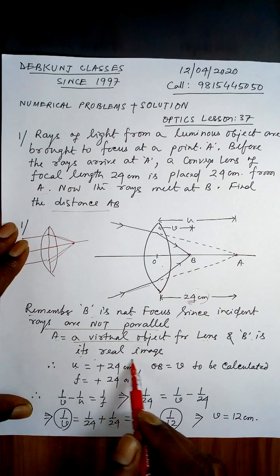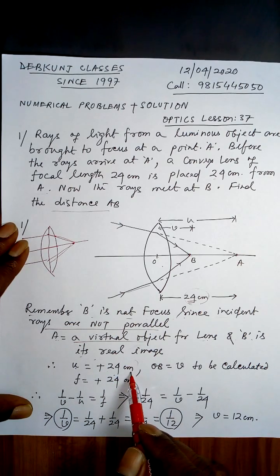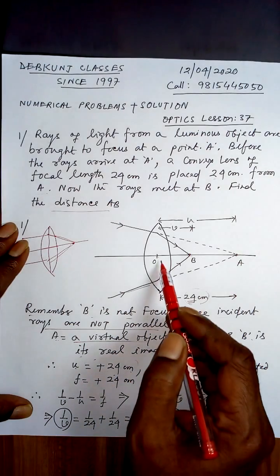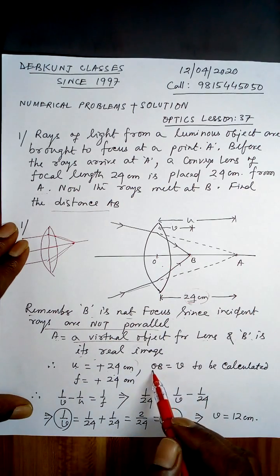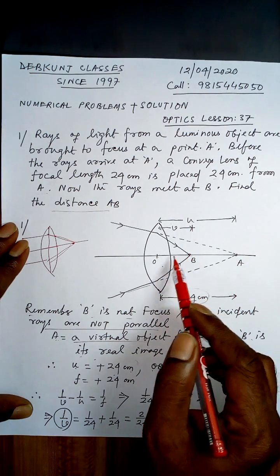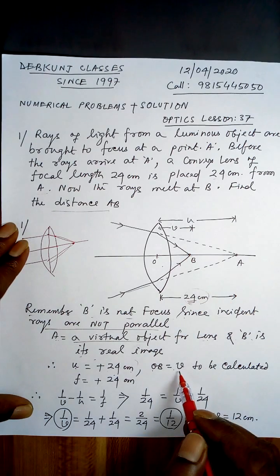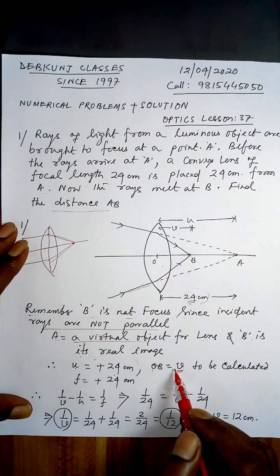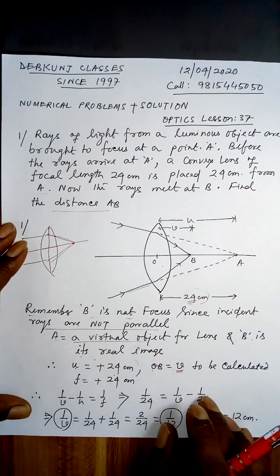Therefore u is equal to plus 24 centimeter, because it is in the direction of light. OB, which I don't know, in the direction of light, is v, the image distance to be calculated. Since I am to calculate it, I am not putting any sign convention, that will come automatically.